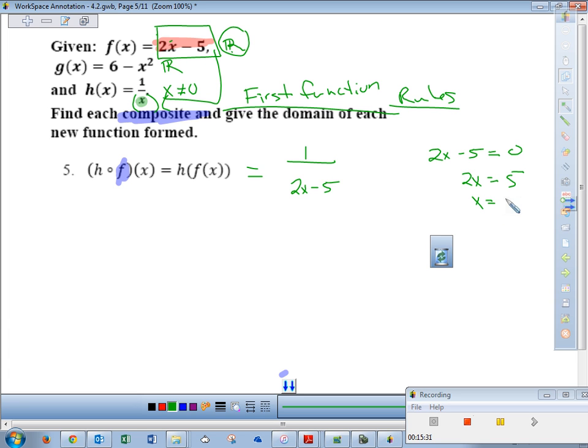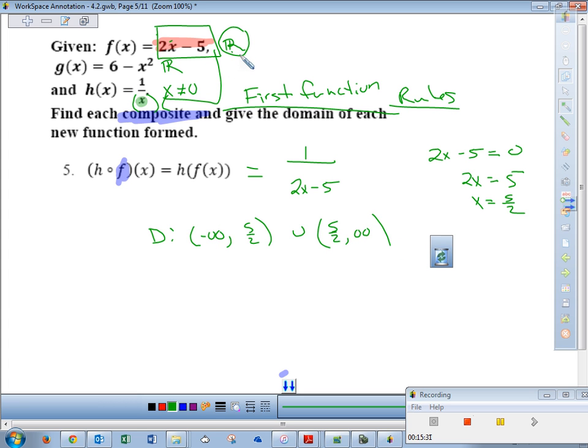Divide by 2. What can x not equal? 5 halves. So I originally had all reals. Now, once I combine stuff together, out of all reals, I still can't have 5 halves. So my domain goes from negative infinity up to 5 halves, united with 5 halves to infinity, non-inclusive.